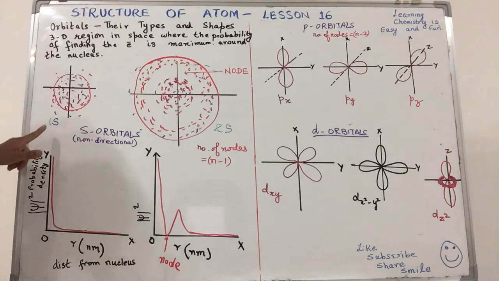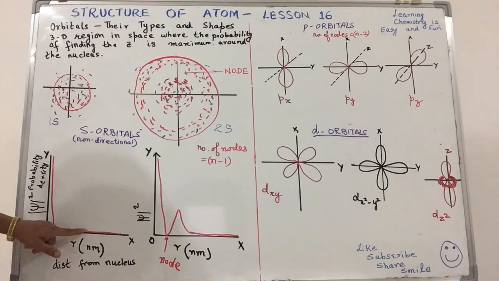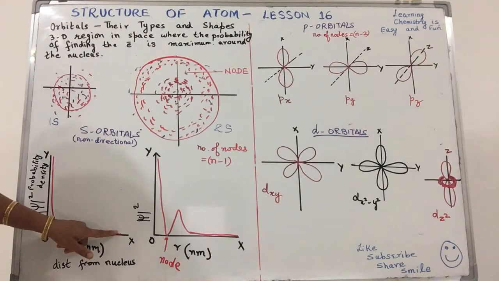For the 1s orbital, what do we notice is that the probability of finding the electron closer to the nucleus is very, very high. As the distance from the nucleus increases, the probability of finding the electron becomes null.